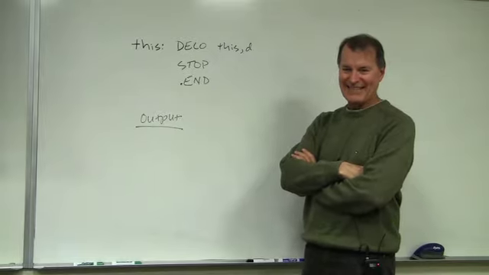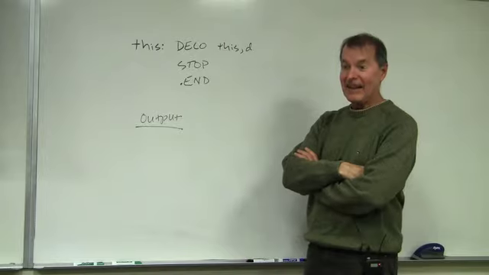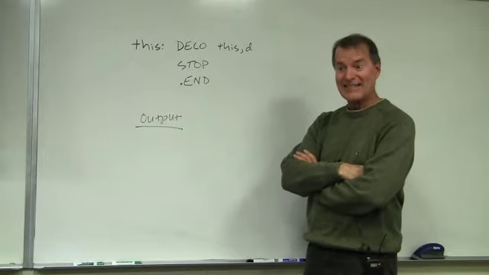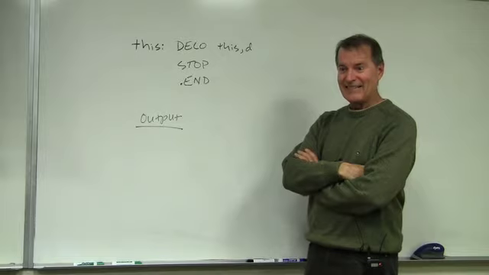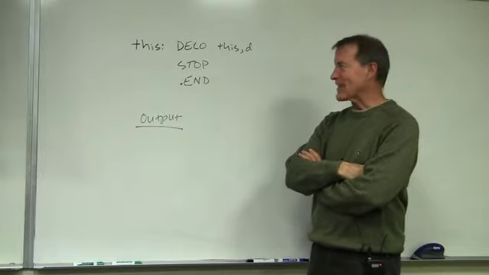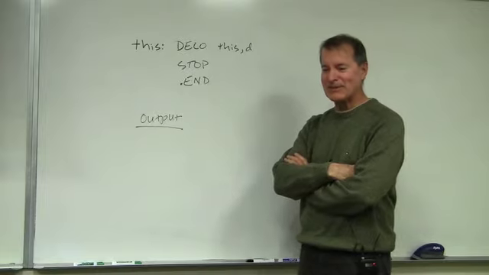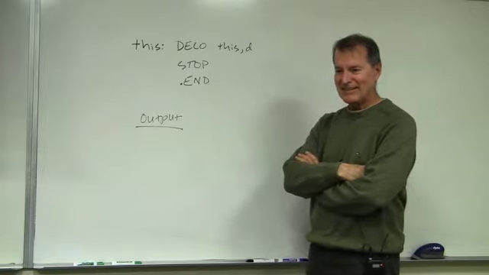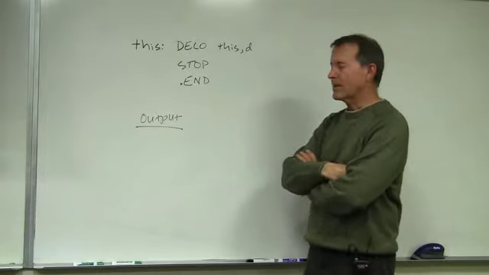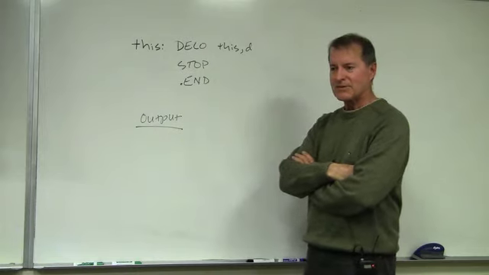Would it be a decimal output of the bit code for deso? Yes. Can you figure this out? Can you predict this? A little pop quiz here. Well, deso, let's figure out what deso is.